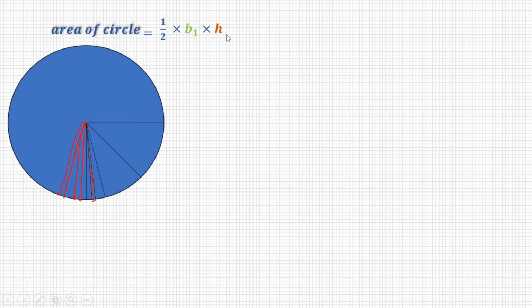So the area of the second triangle is half into base 2 into height. Height is the same, that is why I have not written h1 and h2. The third triangle is half into base 3 into h, and so on for all the triangles.